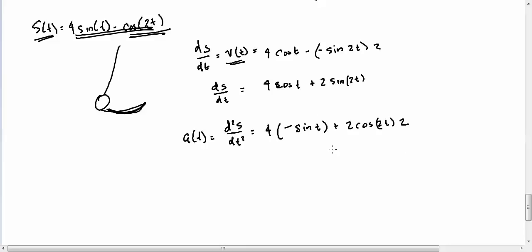Yep, that's the derivative. Good. Okay, so I think I'm going to try to do something like 4 times cosine of 2t minus sine of t. Yes, that's correct.